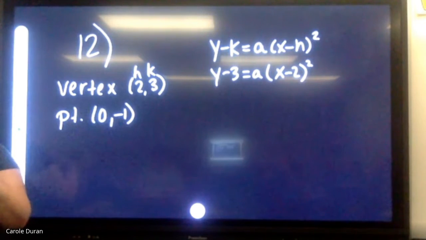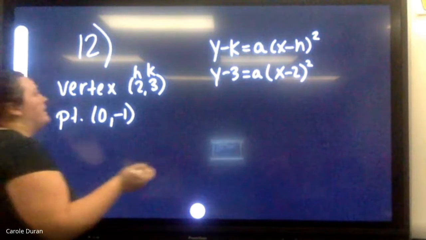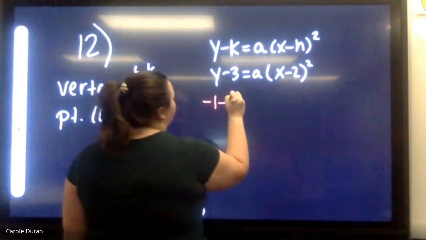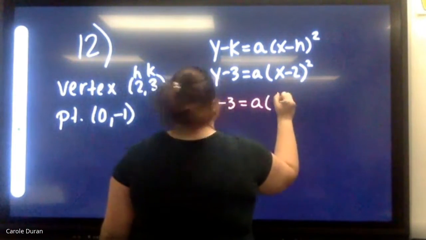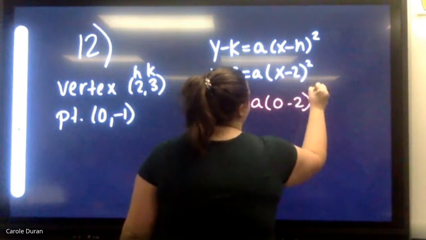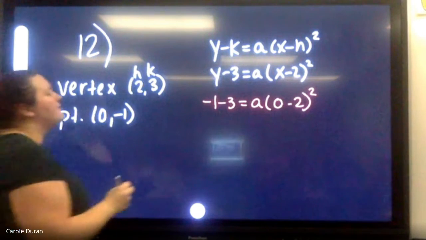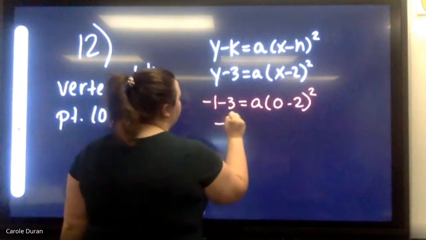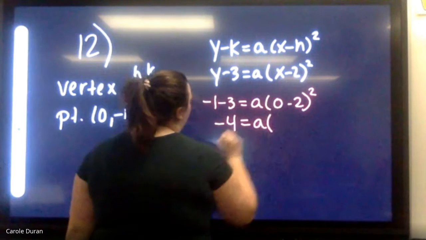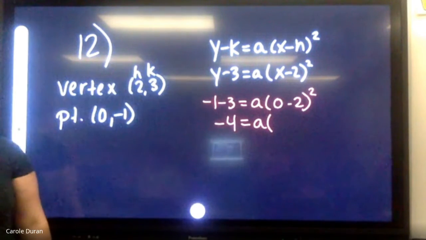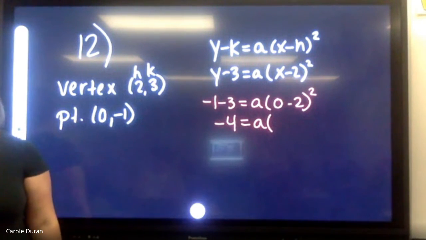So the other point is going to help us determine what that a is. So when I do this, I get -1 minus 3 equals a times 0 minus 2 squared. Of course, I'm going to go ahead and simplify this out as much as possible. -1 minus 3 is -4 equals a times, what's 0 minus 2? -2.